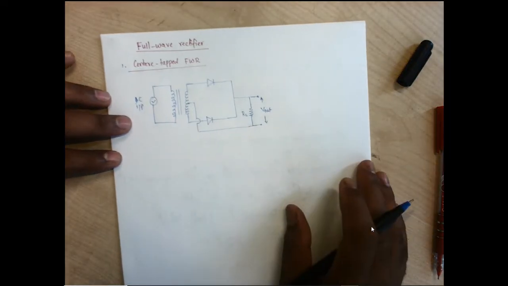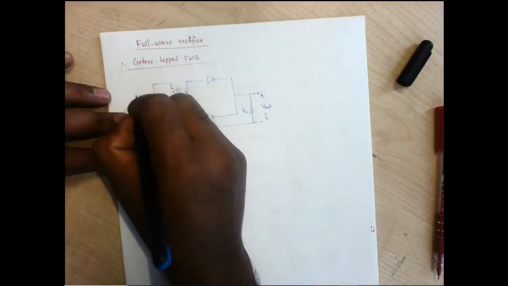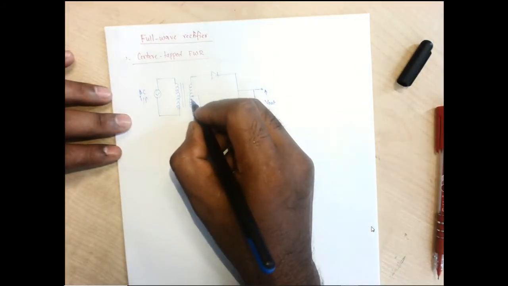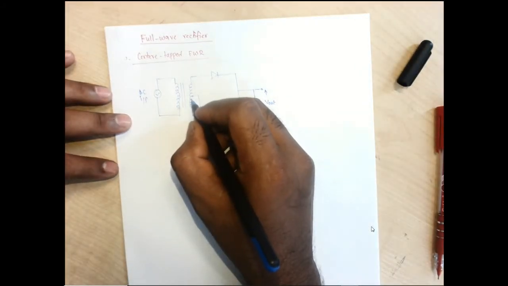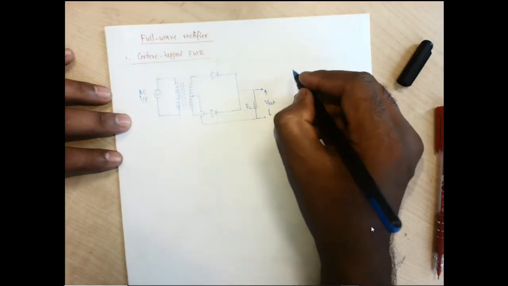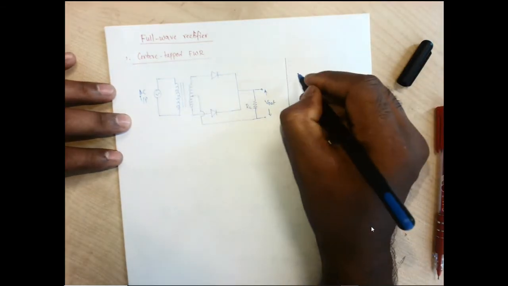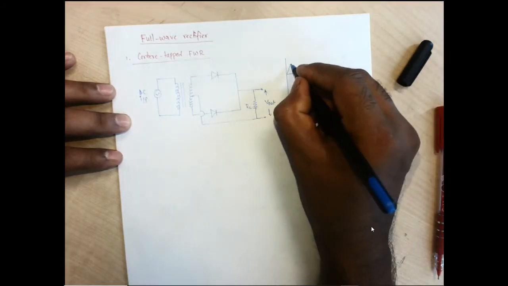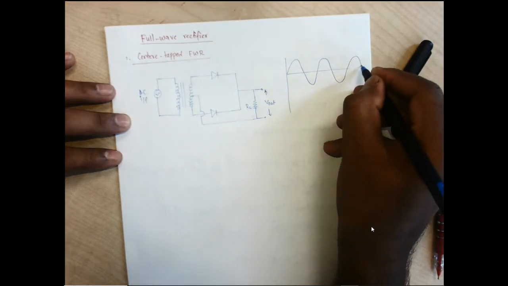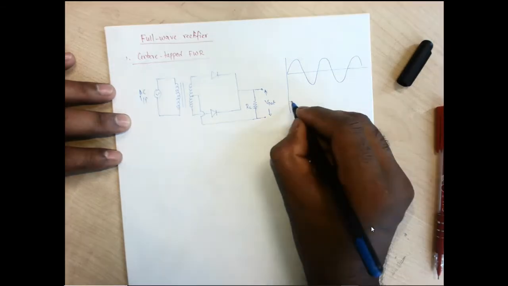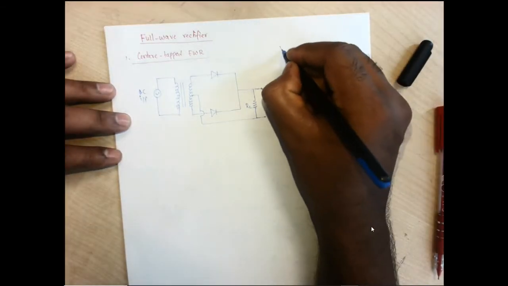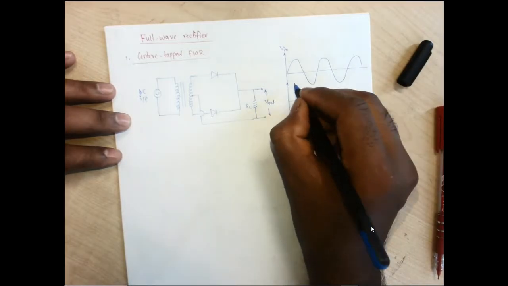Okay, so I hope every one of you has the idea how it works. So this tapping point is taken as a center point or a neutral point. If for some cycle, let us consider we have the input like this, and we are expecting certain output from this, that is V in, let us consider that is V out.